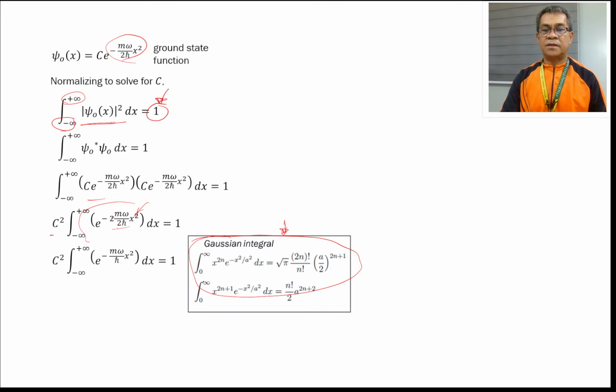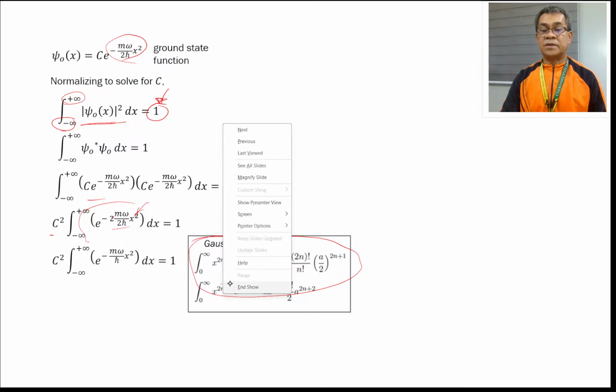So then apply that. Of course, based on this, I think it will fit into this one. Meaning, because we don't have the x here, if we let n be equal to 0, this one.